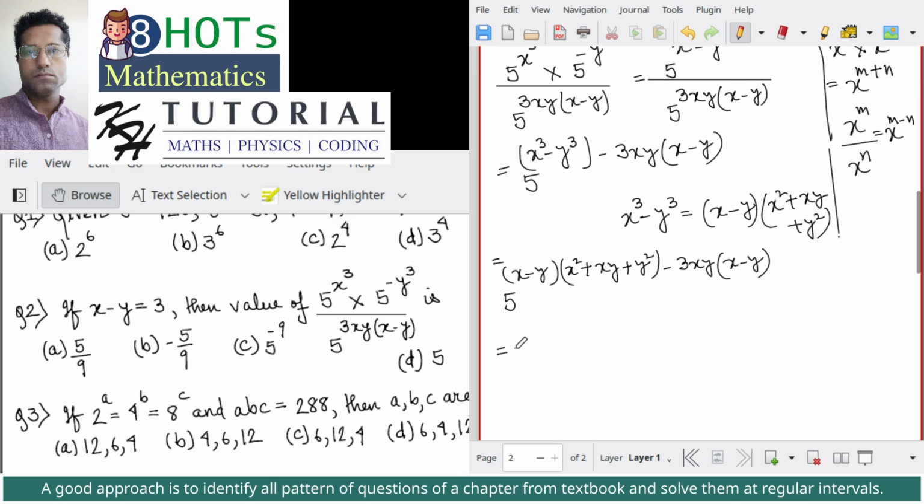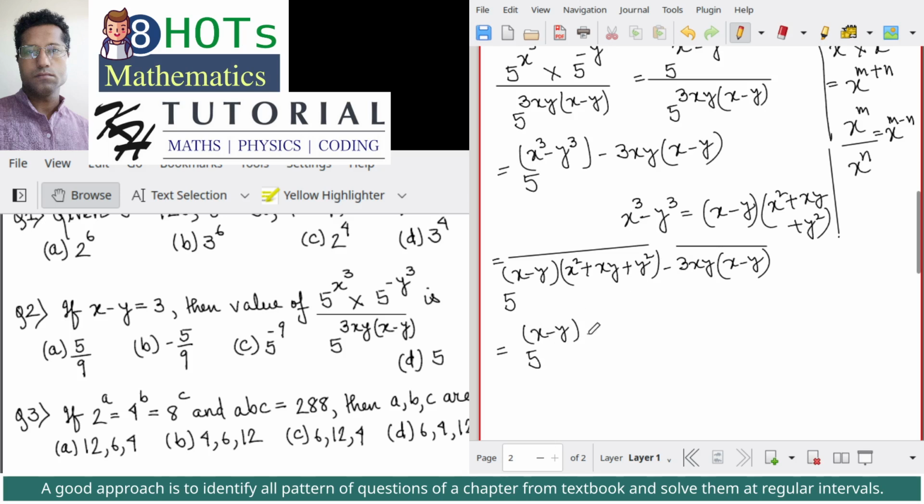The power is an algebraic expression of x and y, a subtraction of two algebraic expressions. The first is this one and the second is this one, and they have a common factor of x minus y.